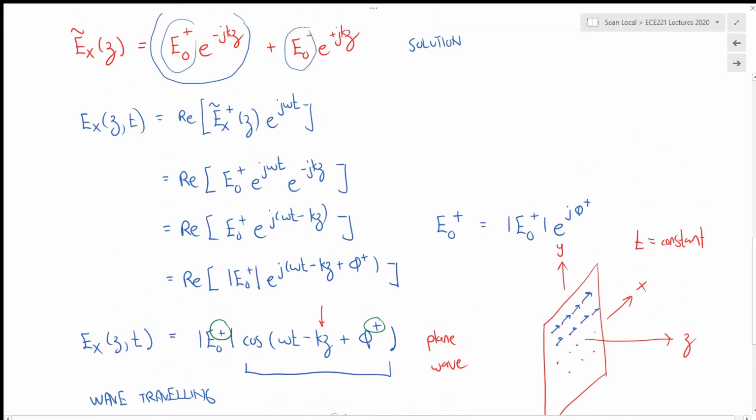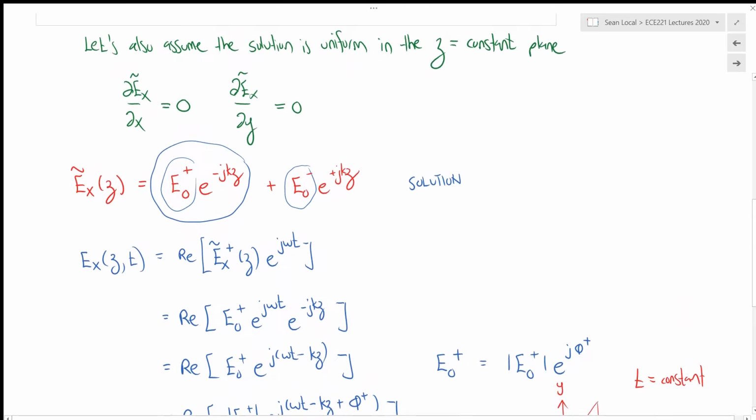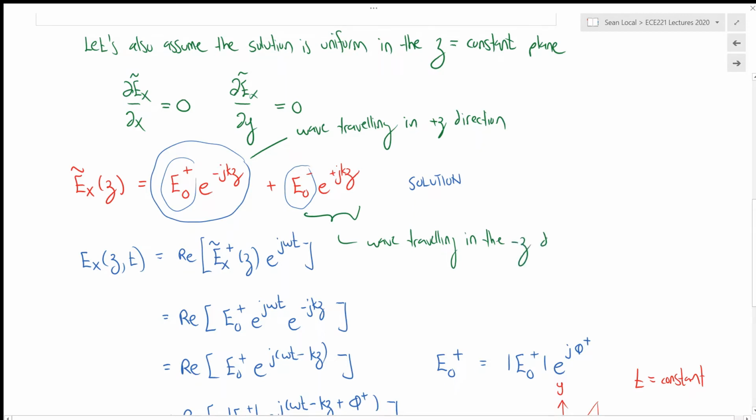So if we go back to our original phasor domain expression here, this is a wave traveling in the plus z direction. And if we repeated this analysis for this term here, this is a wave traveling in the minus z direction, right?